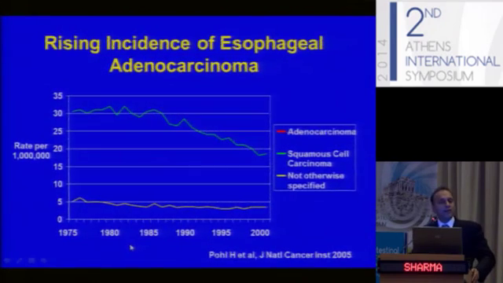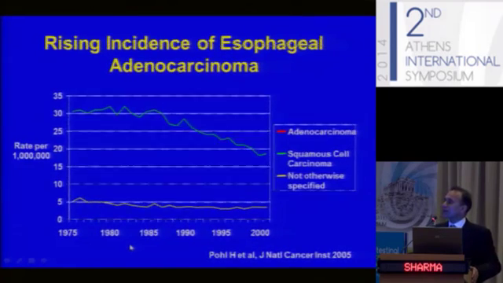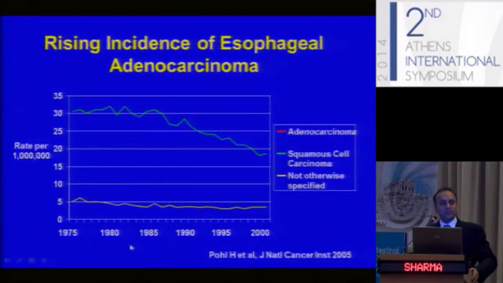adenocarcinoma. The reason this is important is because just like reflux symptoms, the incidence of adenocarcinoma of the esophagus is increasing. These are data from SEER in the United States, which show that squamous cell cancer of the esophagus is decreasing in incidence, and during that same time period, adenocarcinoma has increased in incidence, and this is true not just for the United States, but for the majority of Europe and Australia as well.